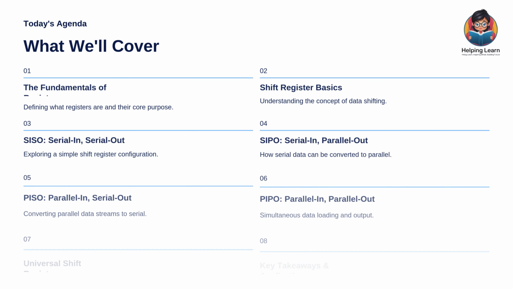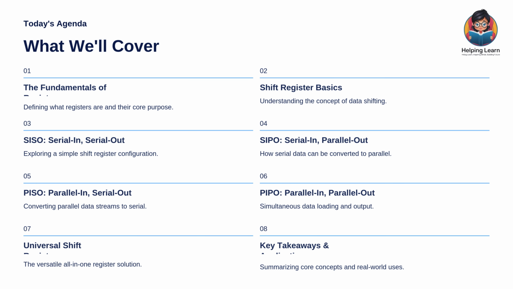Today's agenda: what we'll cover. The fundamentals of registers, defining what registers are and their core purpose. Shift register basics, understanding the concept of data shifting. SISO, serial in, serial out. SIPO, serial in, parallel out.